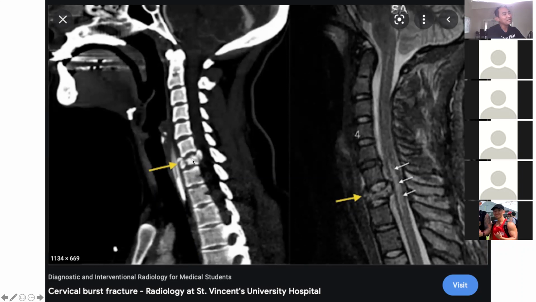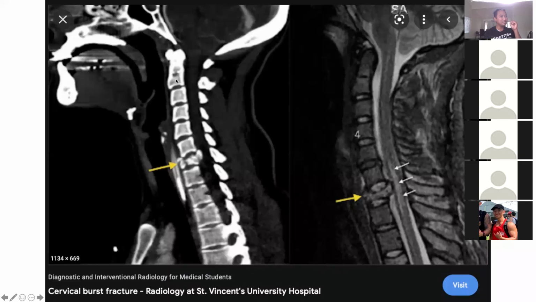What will be a good landmark for counting the number in the cervical spine? Usually the second cervical vertebra. The second vertebra has the odontoid peg. You remember this big pointing from the second vertebra up like that.